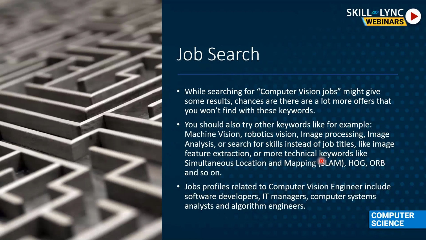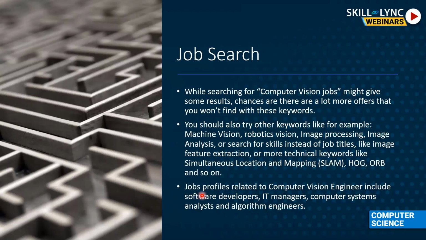And you can also look for jobs by using keywords like simultaneous localization and mapping, HOG, or these are actually the technical algorithms that we use in computer vision, and they can fetch you more jobs than just the words computer vision. These job profiles could be related not only to software and IT, but algorithm engineers, computer science analysts, and it's actually not just limited to this.